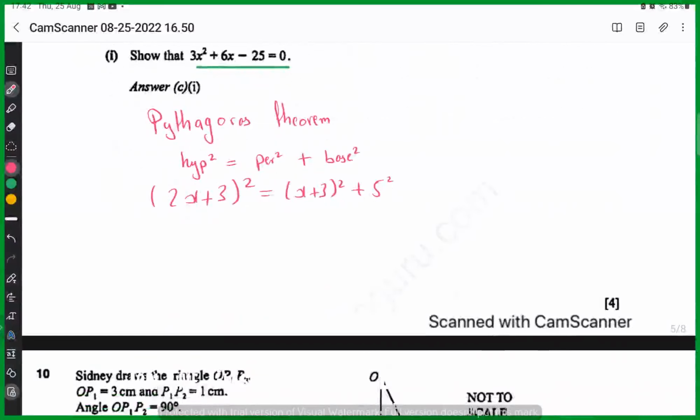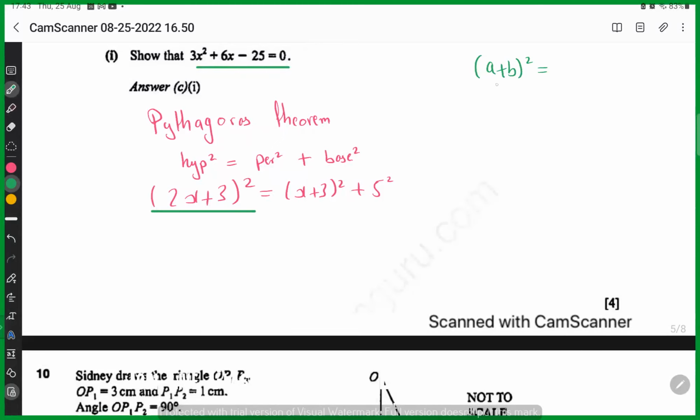Now, does anyone know how this expands? How do we expand this? Yes, ma'am, we will use the identity. Is there anyone who is not familiar or aware of that identity? Let me write it here. A plus B whole square.